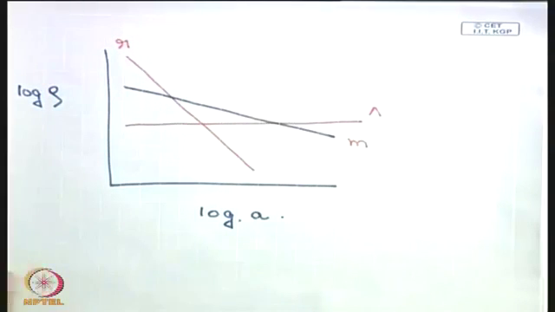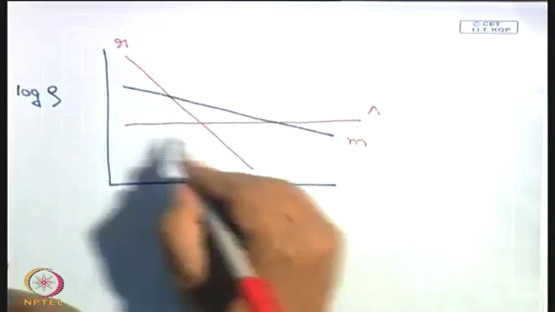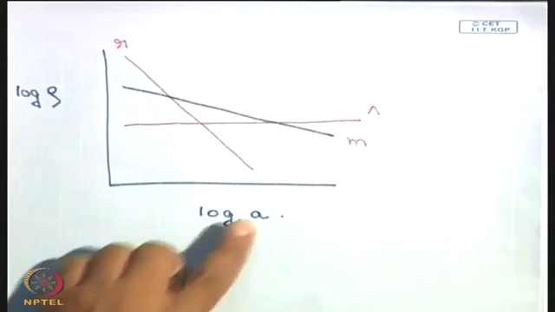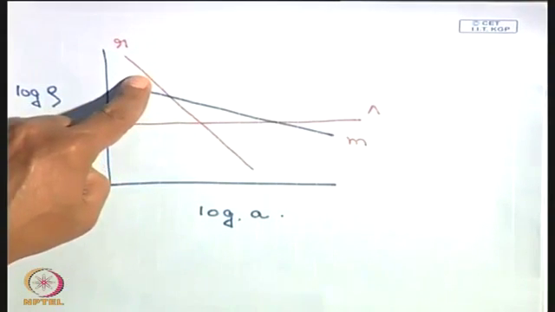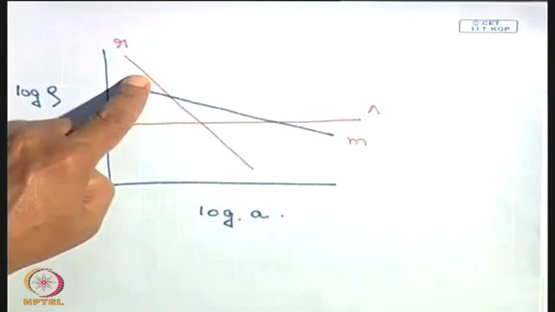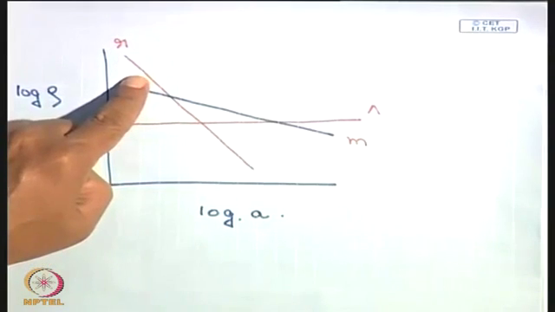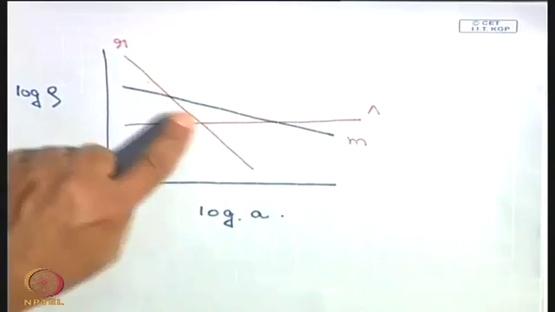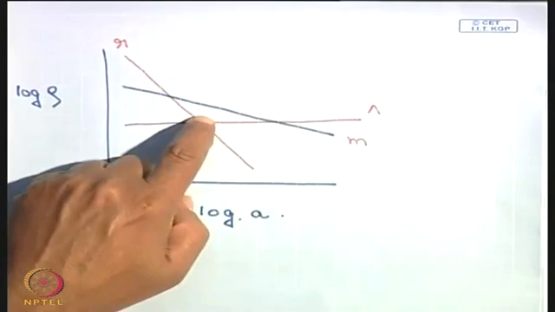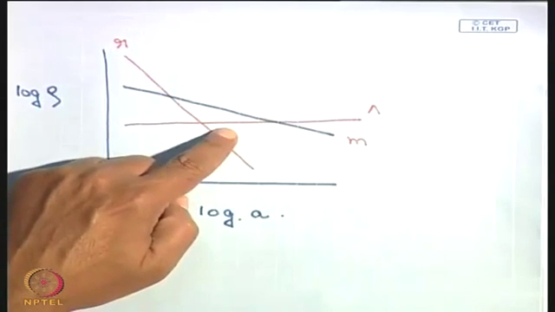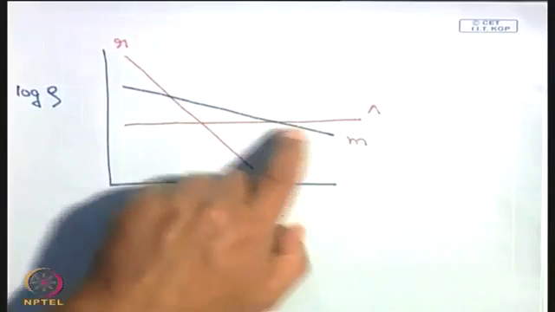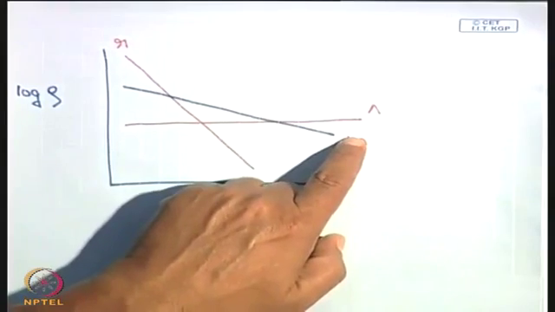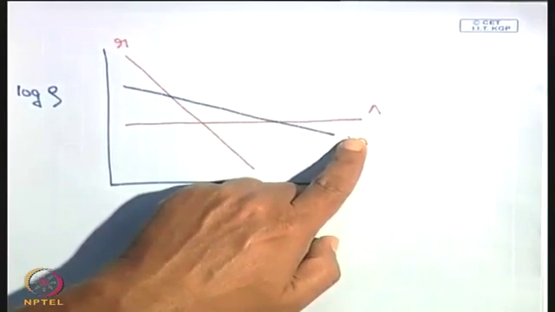So you can see the lesson that we learn from this is that in the early universe, when the scale factor is very small, the universe is going to be dominated by relativistic particles, radiation dominated. Okay, and then you are going to have a transition to a matter dominated universe, and if you had curvature, then you would have a curvature dominated universe, and finally if there is a cosmological constant, you would have a cosmological constant dominated universe.